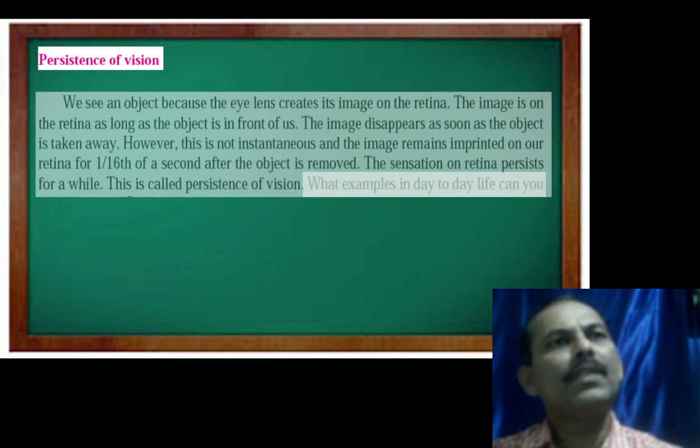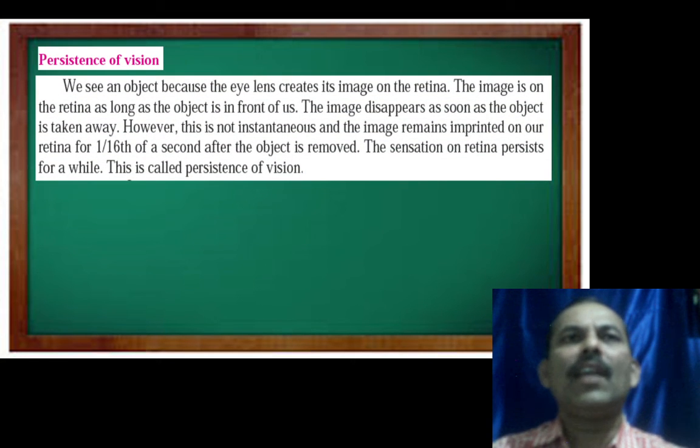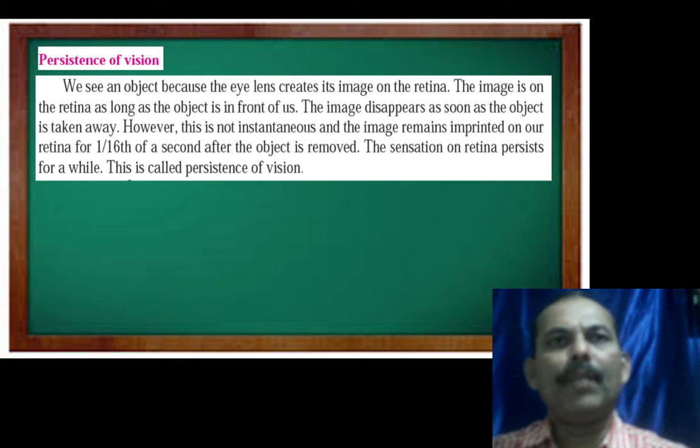Then what is persistence of vision? We see an object because the eye lens creates its image on the retina. The image is on the retina as long as the object is in front of us. The image disappears as soon as the object is taken away.